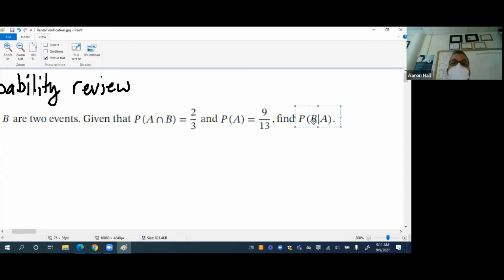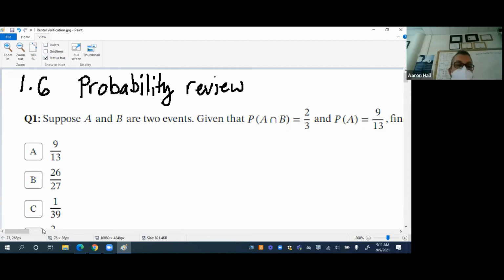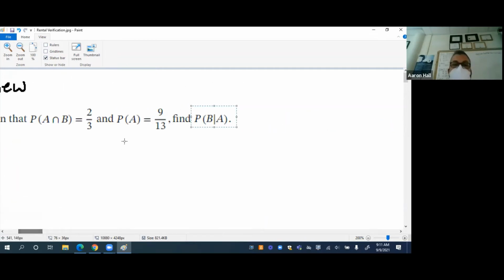The probability of B given A. I already know A happened. Let's say A is boys and B is glasses. Then I want to know the probability that I randomly select a boy that is wearing glasses. That's what that means.